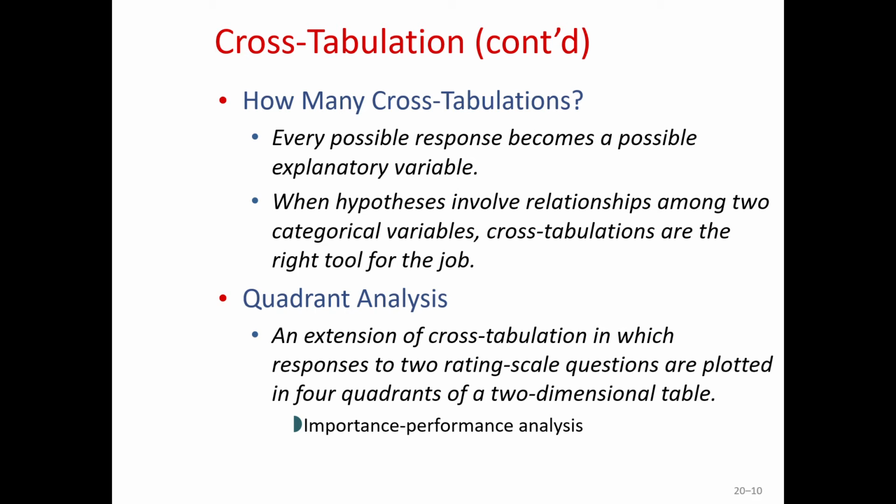So the term importance-performance analysis is sometimes used because consumers rate the perceived importance of several attributes and rate how well the company's brand performs on that attribute. Generally speaking, the business would like to end up in the quadrant indicating high performance on an important attribute.